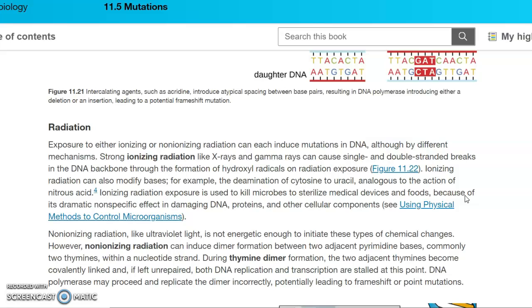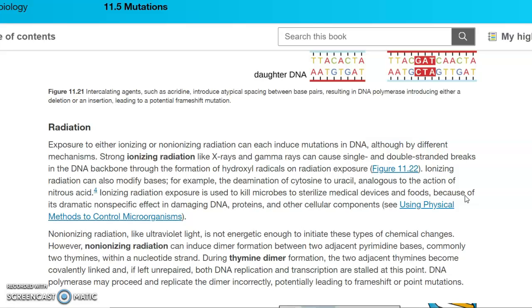Ionizing radiation can also modify bases, changing, for instance, cytosine to uracil. And we'll talk more about ionizing radiation when we get to chapter 13, when we talk about methods of microbial control.